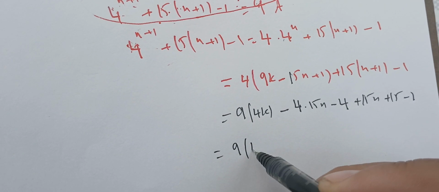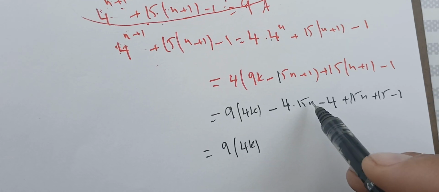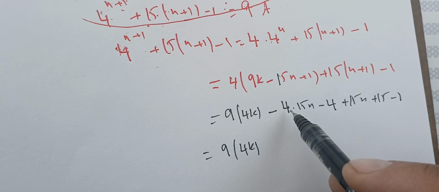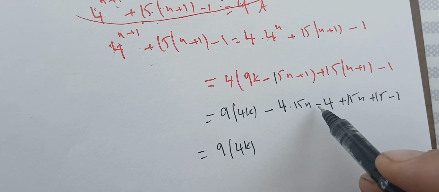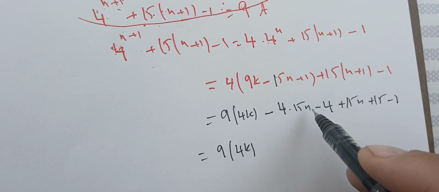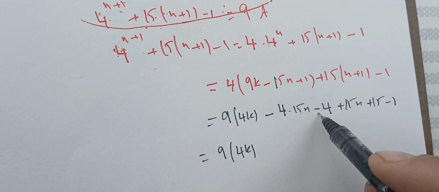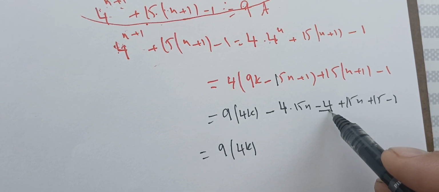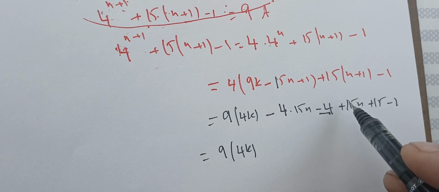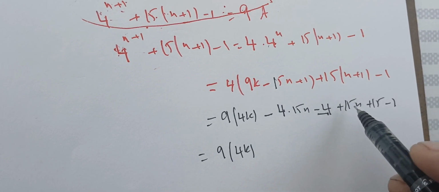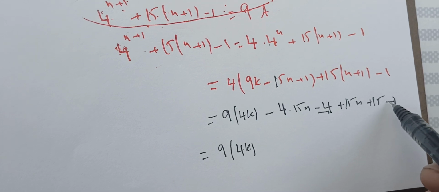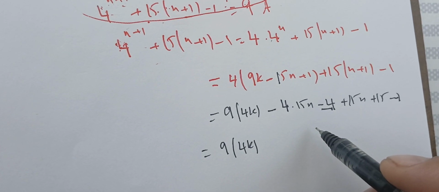I have too many terms that I need to simplify. The first thing is that I have minus 4, plus 15 minus 1. So that means that's 10.